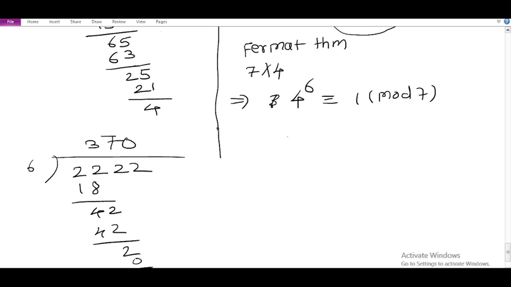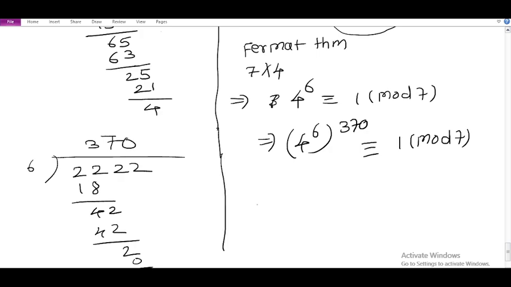So we have to take the power 4 raised to 6 raised to 370, which is congruent to 1 modulo 7. So 4 raised to 2220 is congruent to 1 modulo 7.